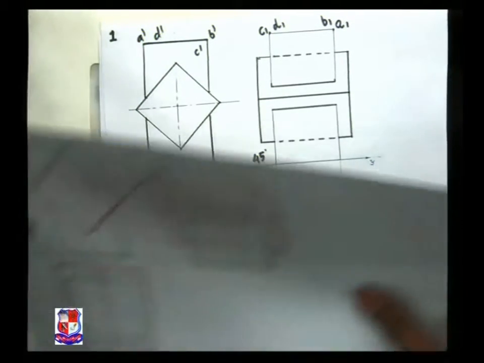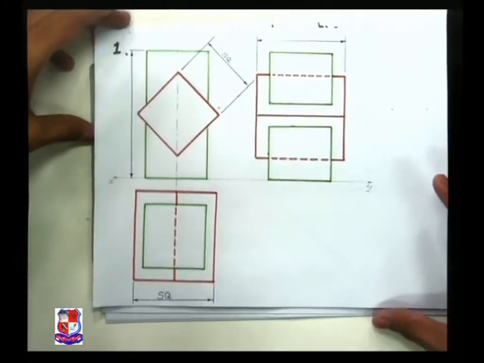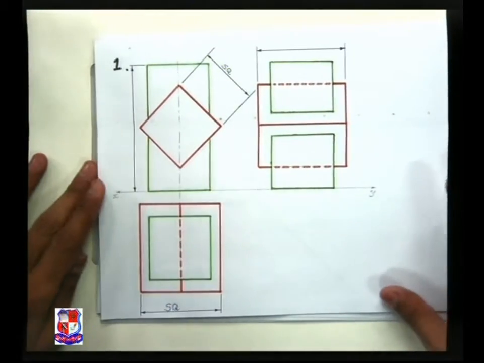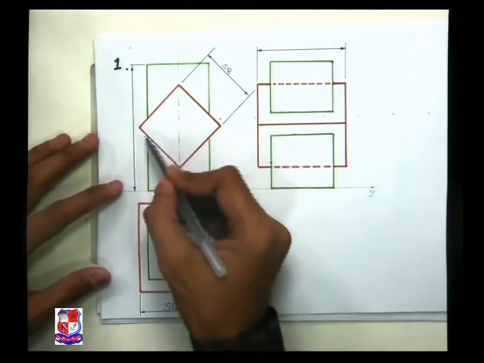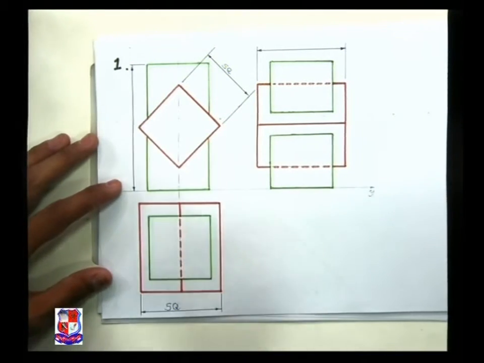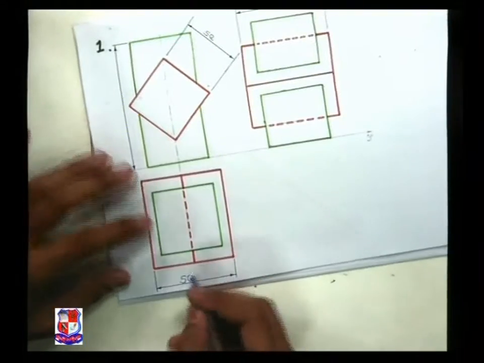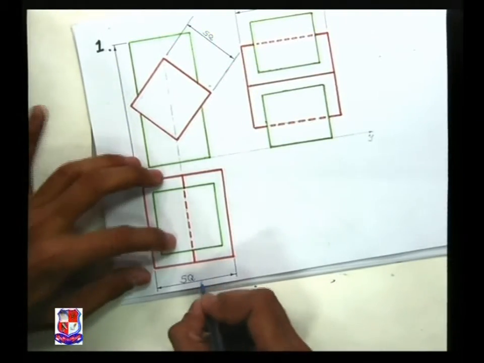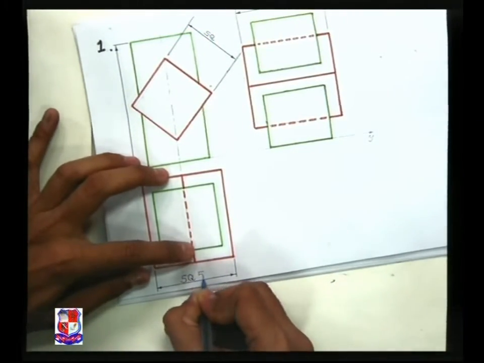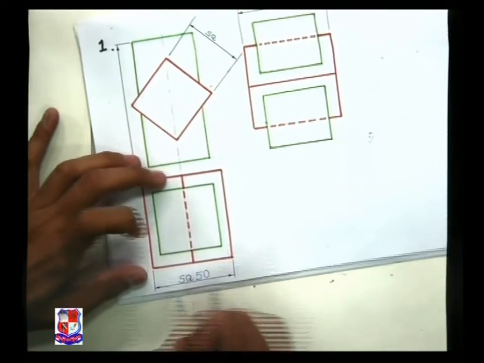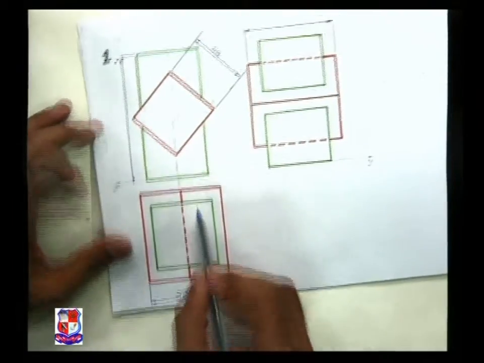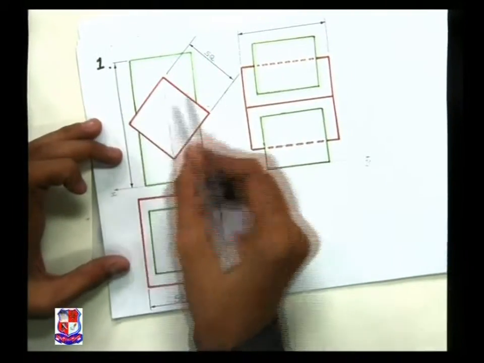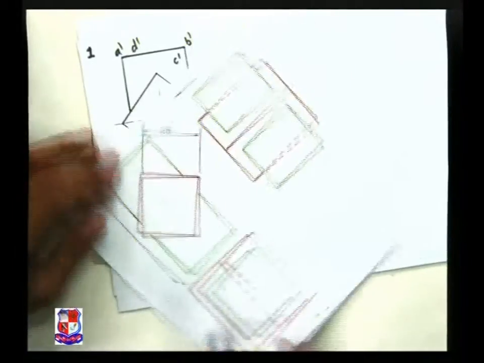So you can see here, this is the problem. Here colored lines show differentiation of different solids. First we have drawn this green colored square, and the side length of this square is 50 millimeter. So you should insert the dimension like this. SQ 50 means it's a square of 50 mm sides. After that we have drawn this square having side length 45 millimeter.